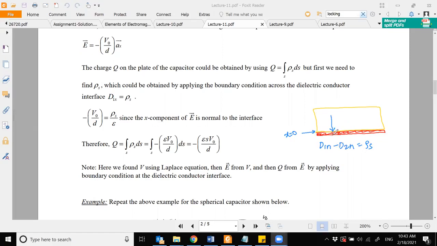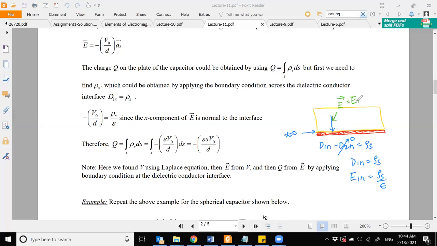So here there is no D2n because in the conductor there is no electric field, so it is 0. And that's why D1n should be equal to rho_s, or E1n should be equal to rho_s over epsilon. And what is E1n? E1n is the normal component of the electric field in the dielectric. And in our parallel plate capacitor, we only have this component.